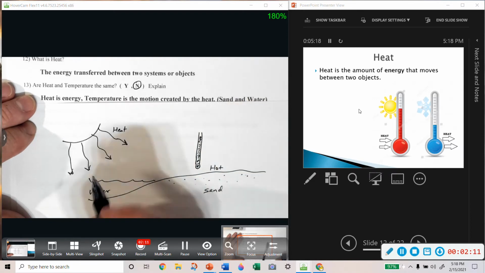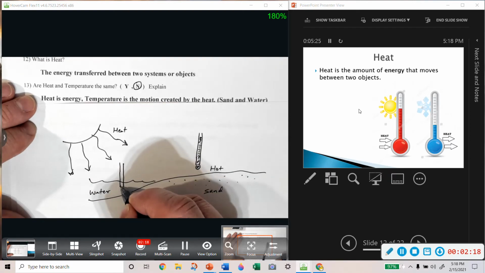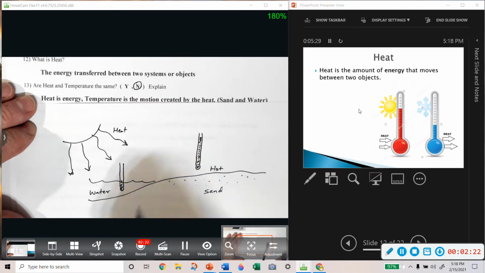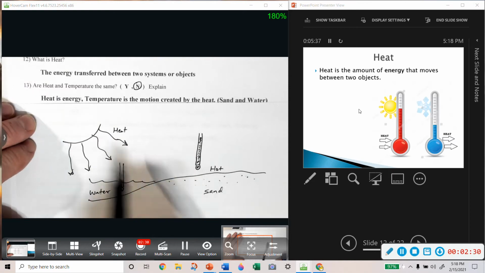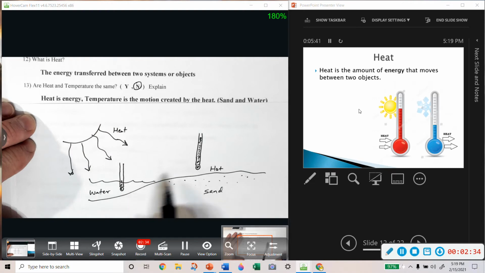Okay, but if we put a thermometer in the water, and we've ever been to a big body of water like a lake or even a Great Lake or an ocean, we know that the water is extremely cold, even though they've been exposed, the sand and the water, for the same amount of time. They've both been exposed, they both have absorbed heat, but their temperature responses are different, okay?